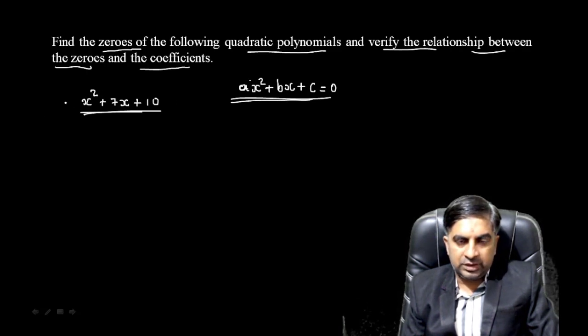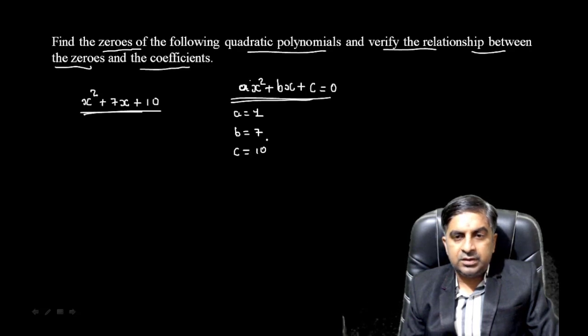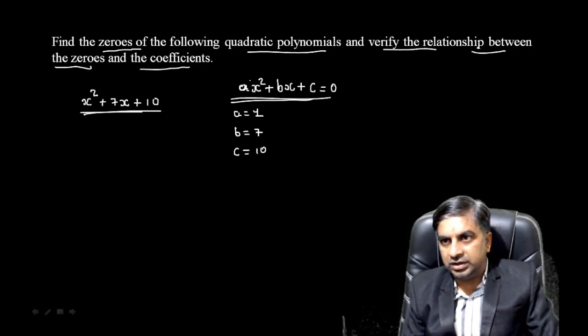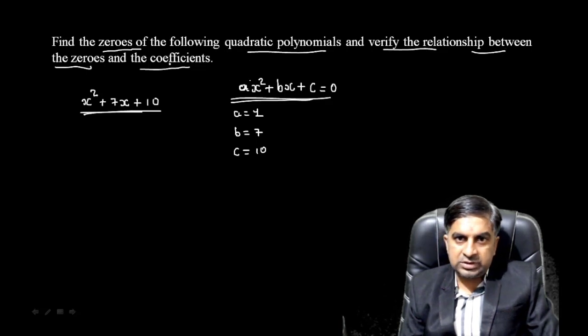Here, what will be your a in this equation? With x square nothing is written, so actually 1 is there, so a is 1. What will be your b? The term with x is b, so here b is 7 and c is 10. So these are the coefficients, and here we need to find the relationship between zeros and coefficients.